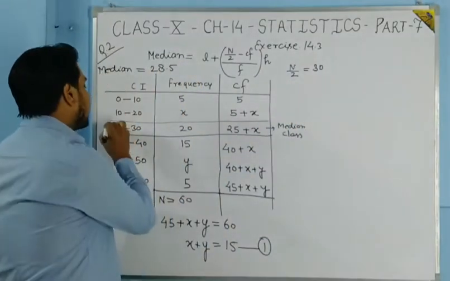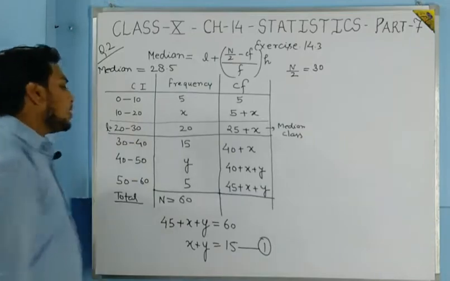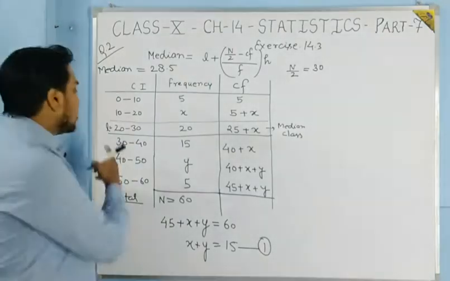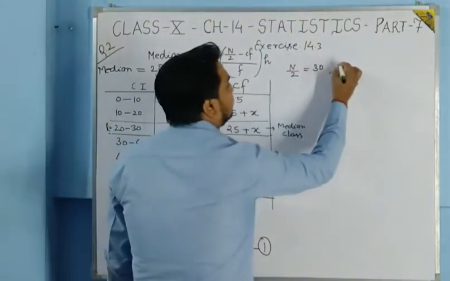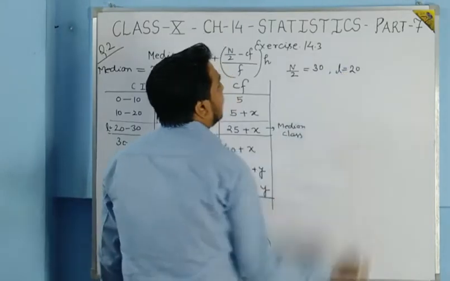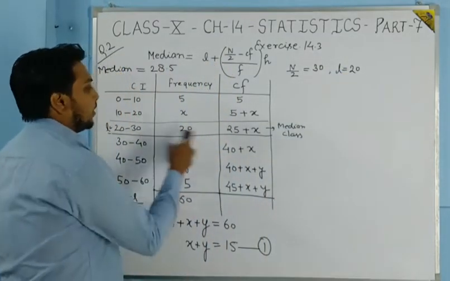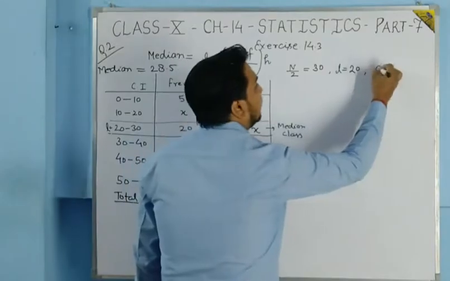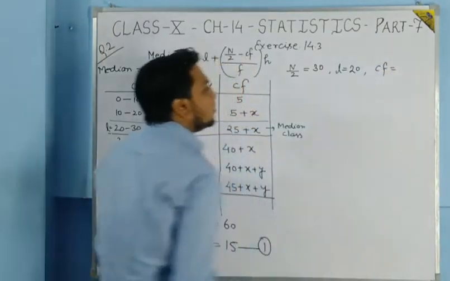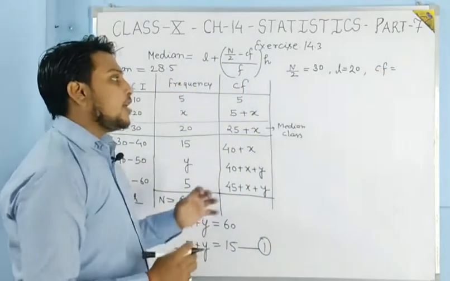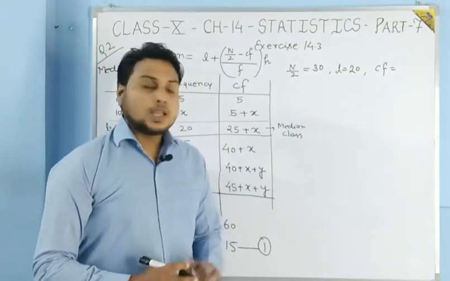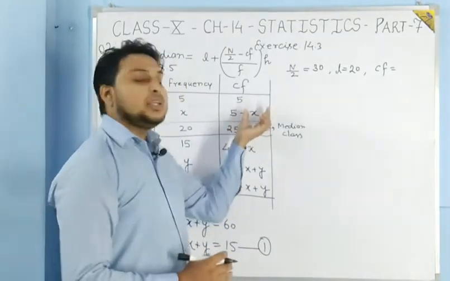Okay, L is what? We know that L is the lower limit of the median class, so here L is 20. Okay, and CF is what? CF students, we know that the cumulative frequency, the value of CF is the value of CF of the preceding class.